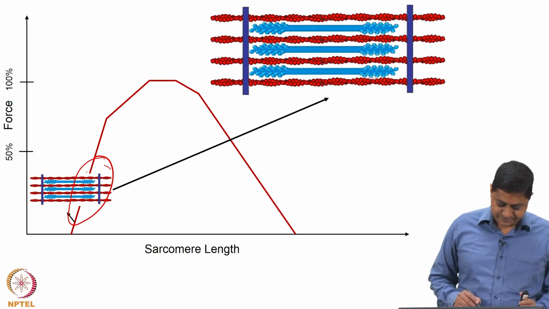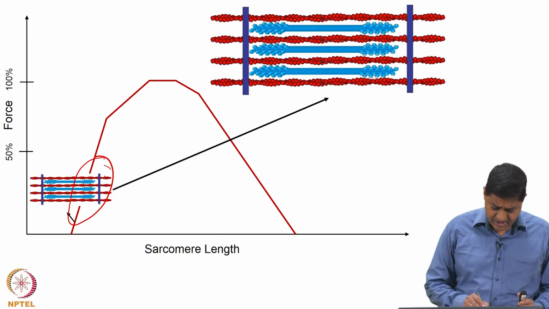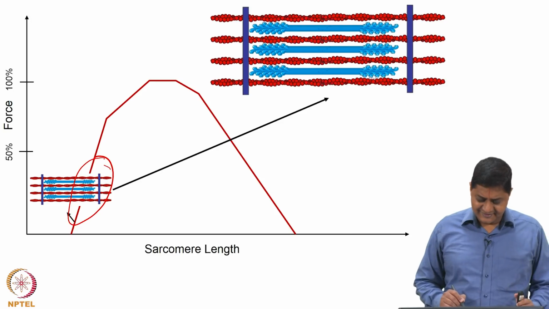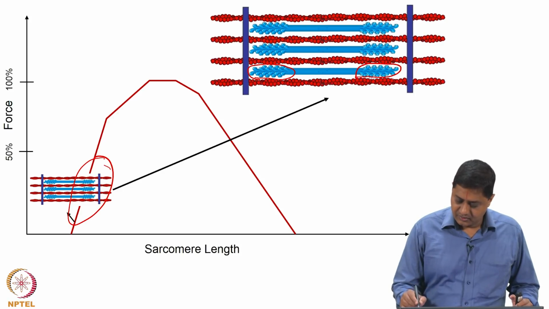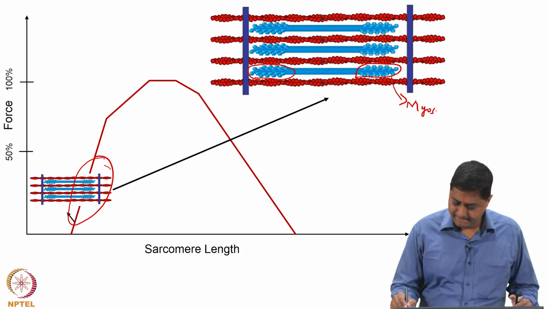That is what happens. So, to zoom in, what you see is that the blue colored filaments here are of course myosin, and the red colored ones are actin.